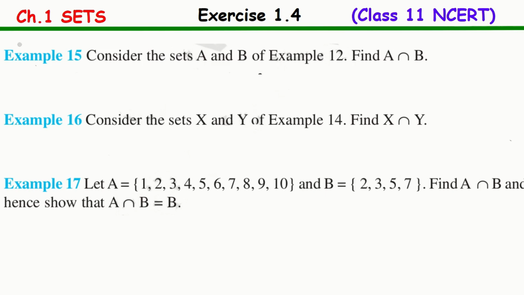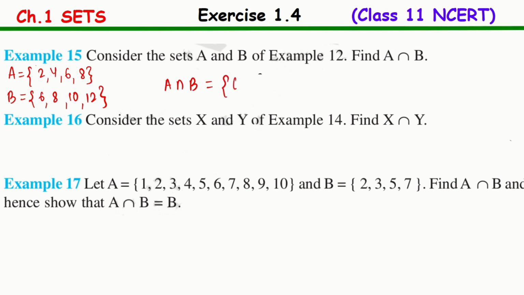Example 15 is consider the sets A and B from example 12. So from 12 A was 2, 4, 6 and 8, and B was 6, 8, 10 and 12. So finding A intersection B, that means we have to find the common elements in A and B. So the common elements I could see only 6 and 8.